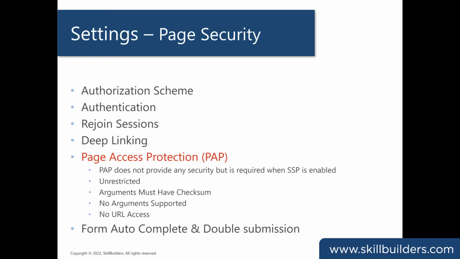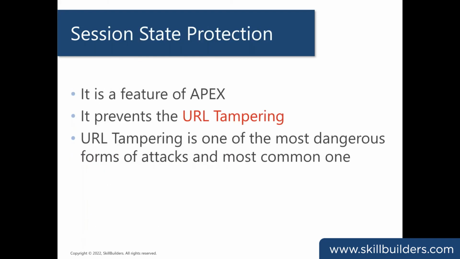And similarly, I won't go into too many details of it. I just want to show it here, and pretty much session state protection prevents that URL tampering that we started with, or that I showed you an example with. So if you don't want your items to change values, you need to protect them, and session state protection is one of the first things you jump to, right?